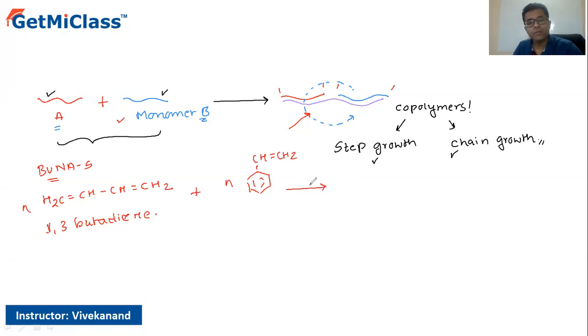Now, when this particular polymerization occurs, it gives rise to CH2-CH=CH-CH2. Now, this particular carbon over here reacts at this particular point.